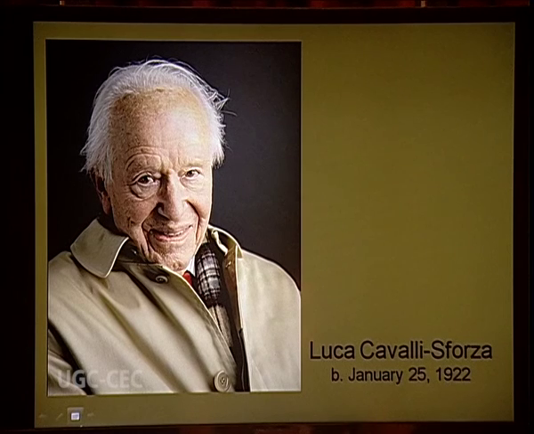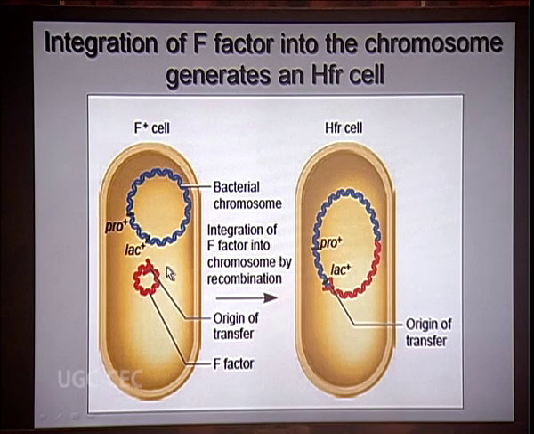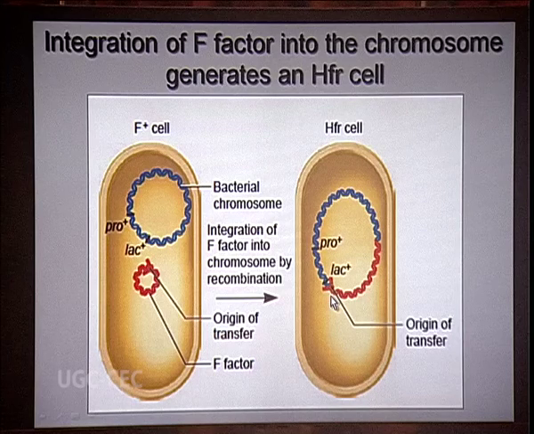Then he started thinking of some other molecular mechanism occurring inside the donor bacterial cells bearing the F plasmid. The logic was that the F plasmid gets integrated within the bacterial chromosomal DNA, leading to the generation of a strain called HFR, where HFR stands for high frequency of recombination strain.